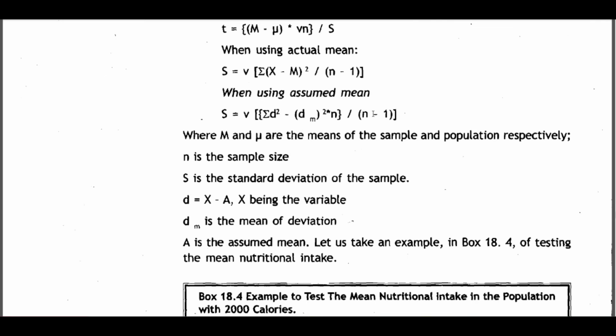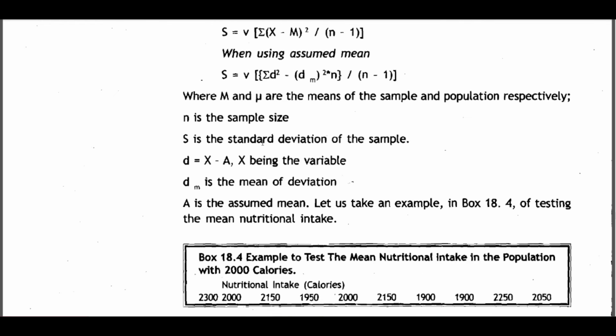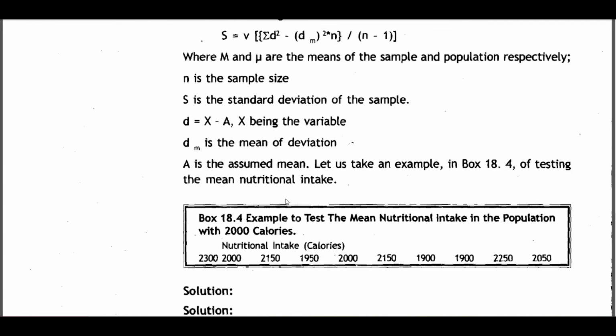Here m and mu are the means of the sample and population respectively, n is the sample size, S is the standard deviation of the sample, small d is x minus a, x being the variable, dm is the mean deviation, and a is the assumed mean.